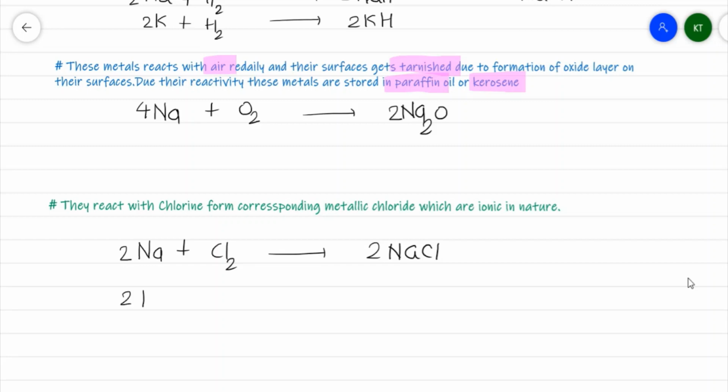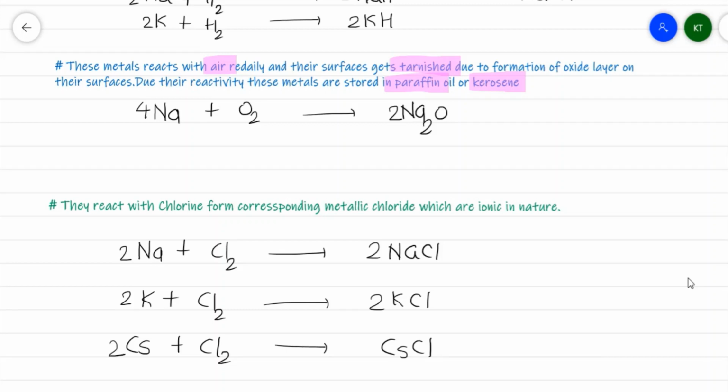Potassium metal combines with chlorine gas in order to give me potassium chloride. Cesium metal may react with chlorine in order to give me cesium chloride. So all these compounds, like sodium chloride, potassium chloride, cesium chloride, any alkali metal chloride which you form, are found as ionic compounds.